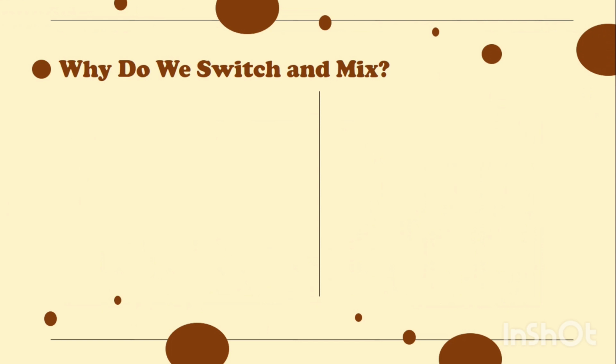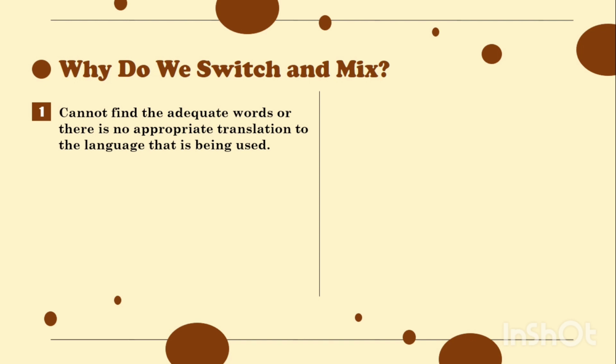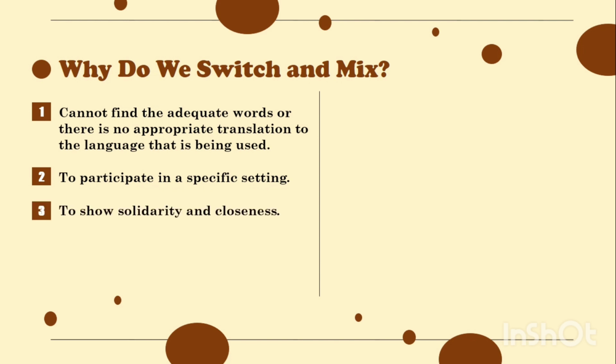Now we move to why do we switch and mix. 1. Cannot find the adequate words or there is no appropriate translation to the language that is being used. 2. To participate to a specific setting. 3. To show solidarity and closeness. 4.